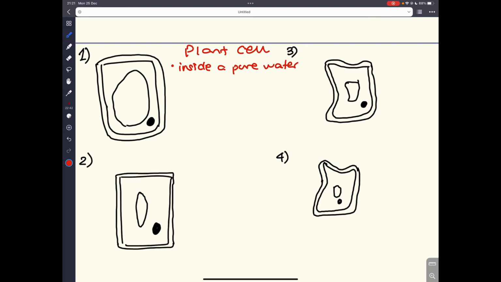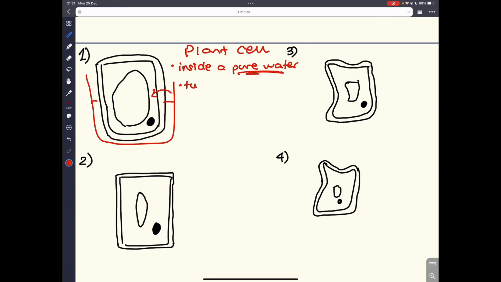Remember, pure water always has a higher water potential than any substance that you submerge it in. Even if the cell itself already has a lot of water, pure water will always have a higher water molecule potential than a cell. So if you place the cell inside pure water, the water is going to go from the pure water into the cell.